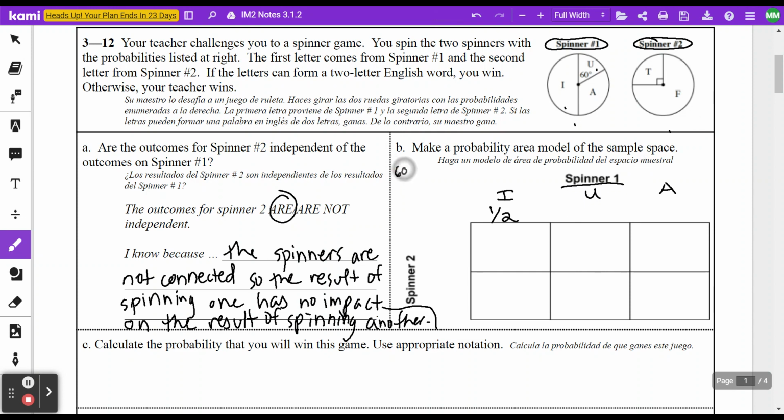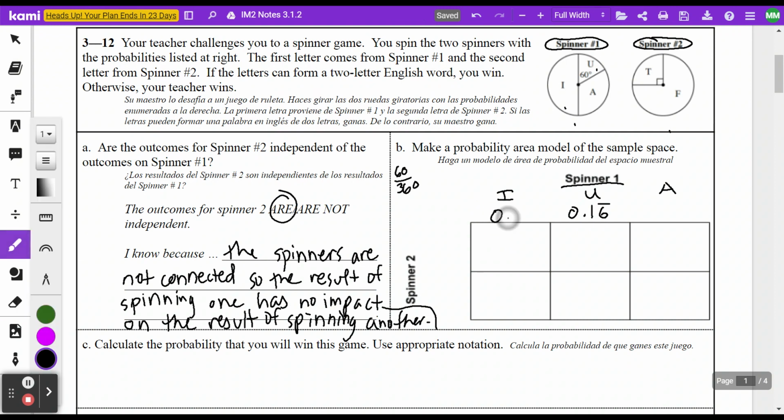Let's do it over here. 60 over 360, and I'll put that into my calculator to get 0.16 repeating. And the 1/2, now that I have a decimal for U, I think I want a decimal for I, so I'll make this 0.5.